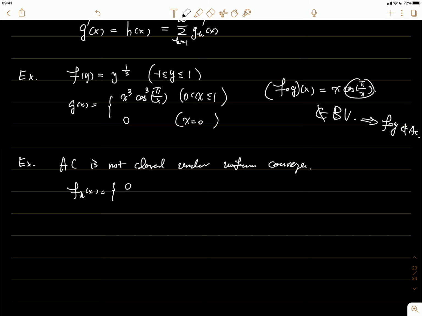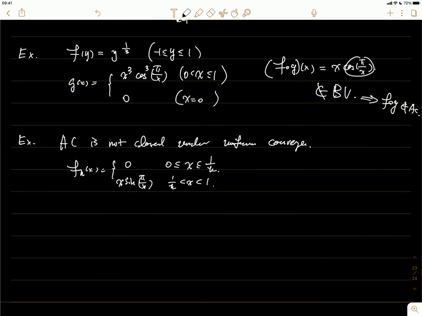If we take f_k to be 0 when x is between 0 and 1/k, and we take the value, again the common example used, which is this, then we can show that f_k is absolutely continuous for each k, because when the oscillation is too large, it becomes 0 over this interval.